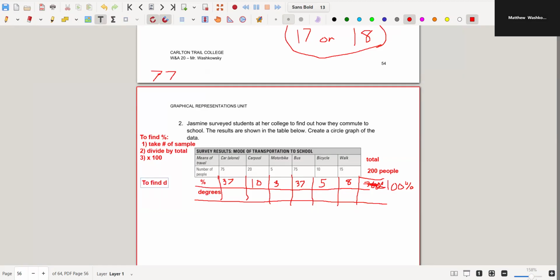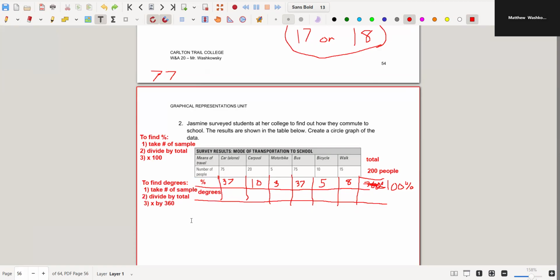And to find the degrees, just like before, take the number of sample, divide by the total, and then I need to times this by 360 because it's 360 degrees. So, oh, sorry, don't do this. Take the percentage as a fraction.